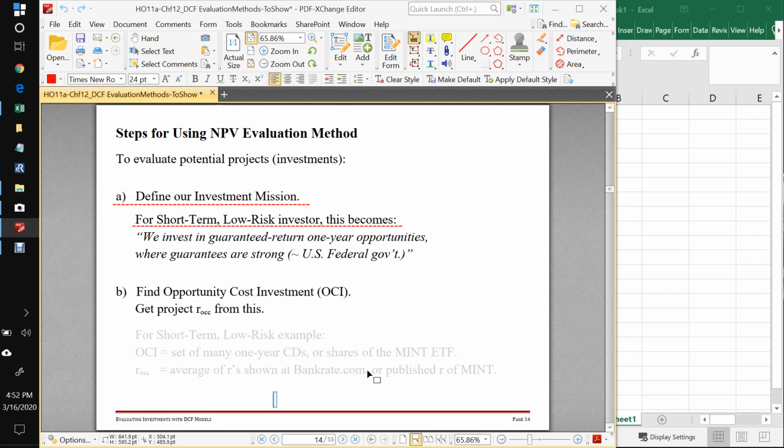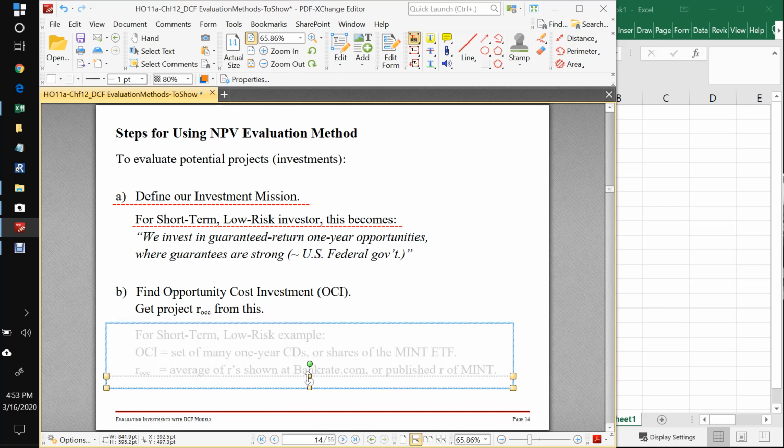The second step is we've got to go out, just like we did in the last chapter, and find an opportunity cost investment and get our opportunity cost of capital from it.